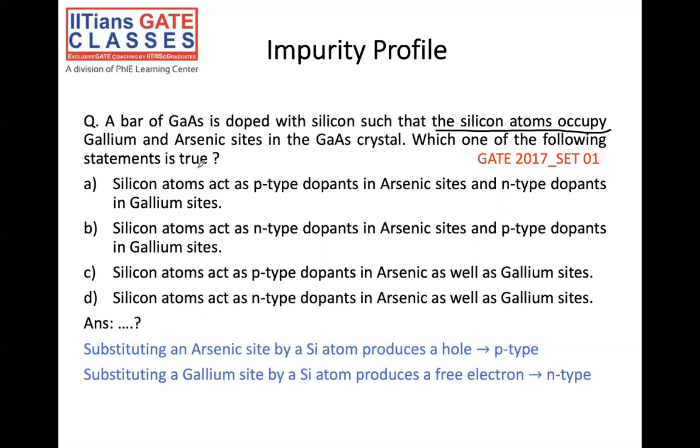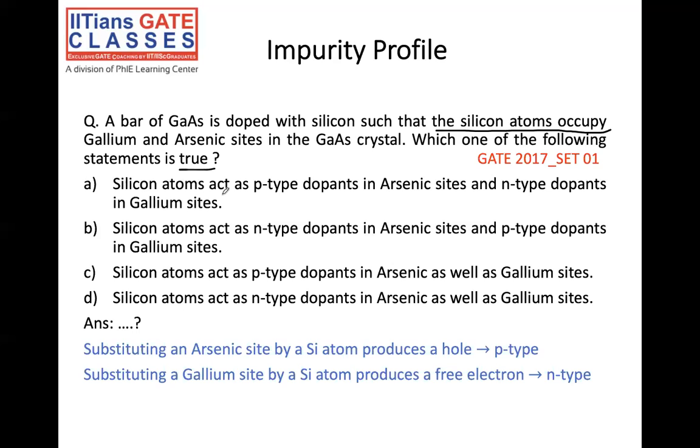Which one of the following statements is true? They are asking for the true statement. Silicon, a pure or intrinsic semiconductor, has 4 valence electrons in the outermost orbit. It acts as a p-type dopant in arsenic site and n-type dopant in gallium site.